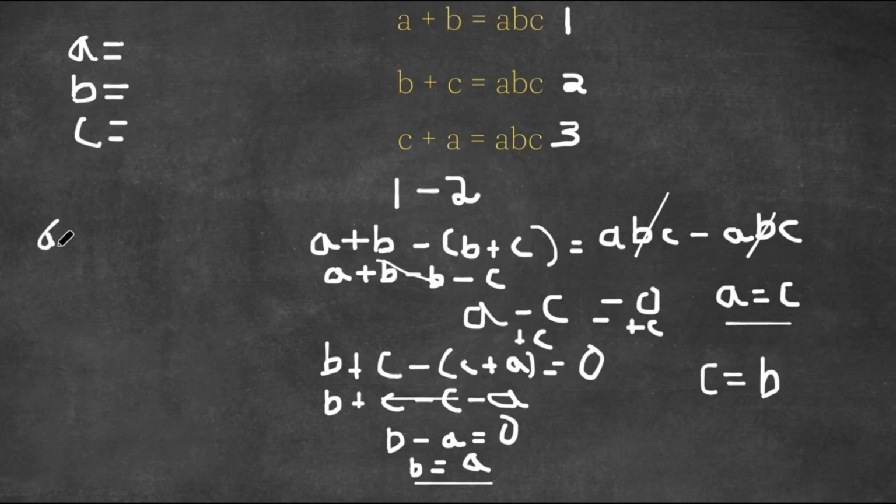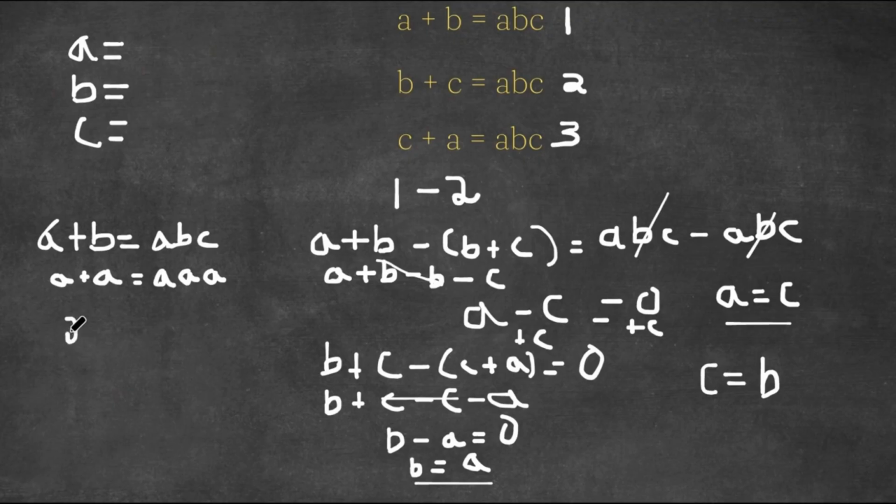Now we're going to take a look at our first equation here. We have a plus b equals abc. Because a is equal to b and c, we can do a plus a equals a times a times a. Now, a plus a is 2a, and a times a times a is a to the power of 3.